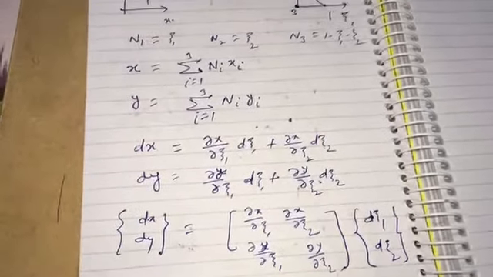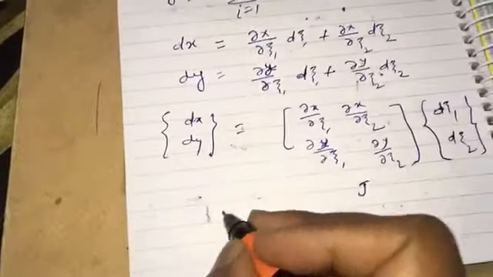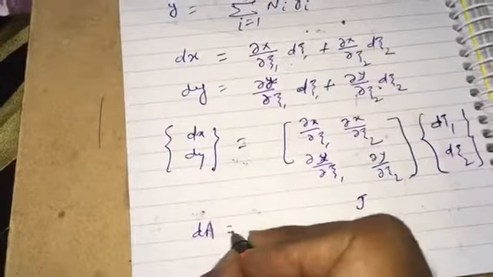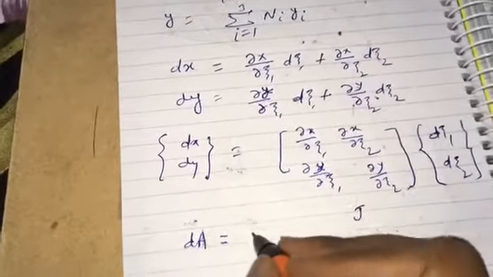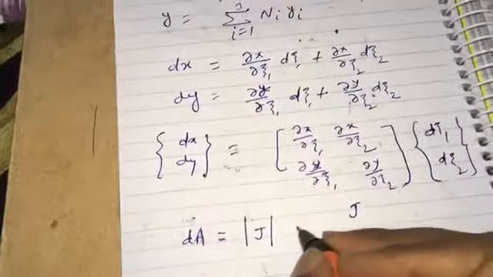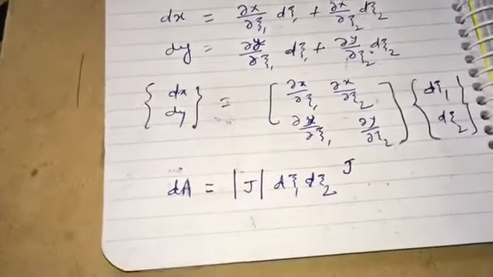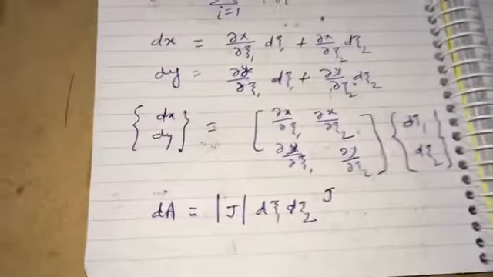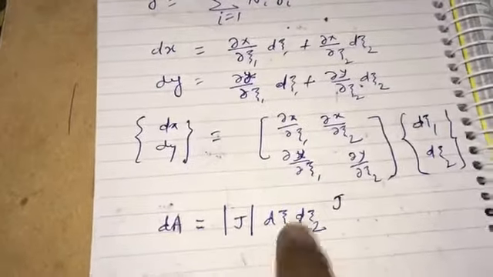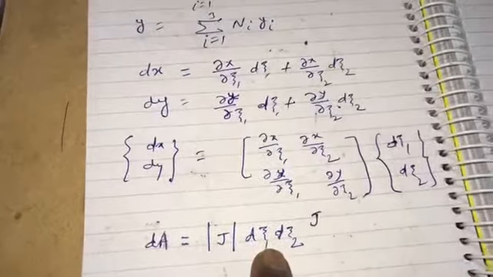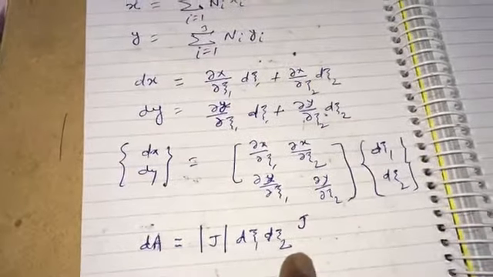In order to find out the area, dA is given by, as we did earlier, J times d xi1 d xi2. So instead of xi1 we had xi, and instead of xi2 we had eta.